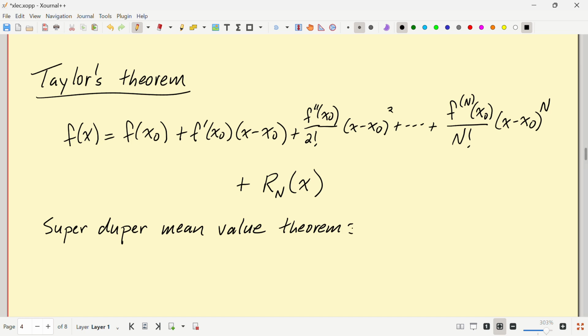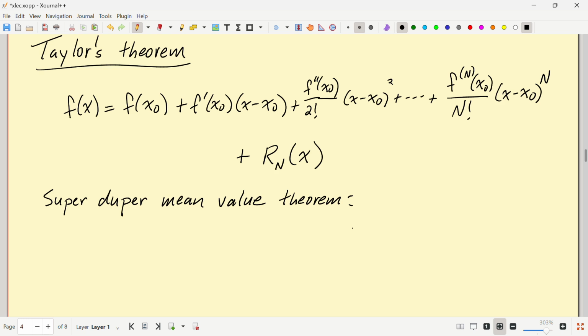Let's see, what are we going to need to make this work? We need f to be differentiable enough to make this formula make sense. So we need f, f prime, f double prime, and f nth derivative to exist and be continuous.